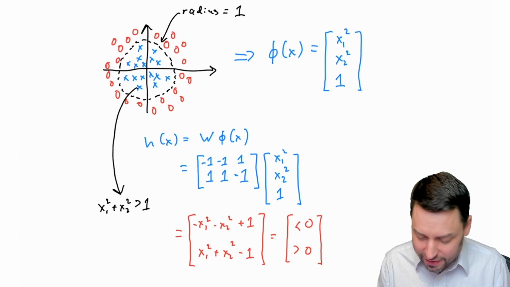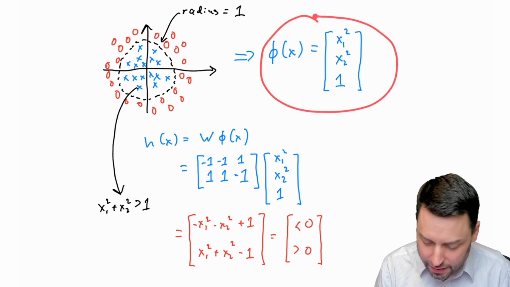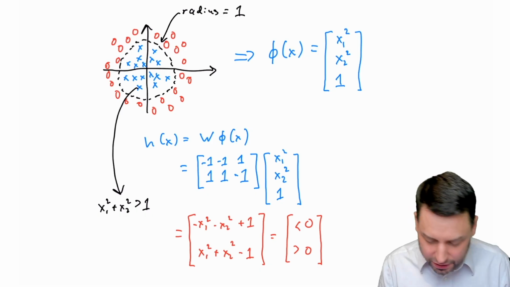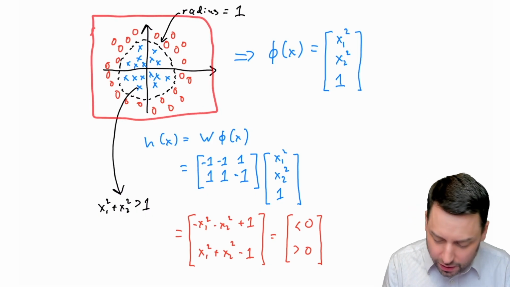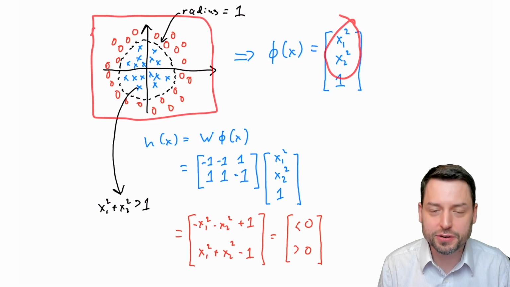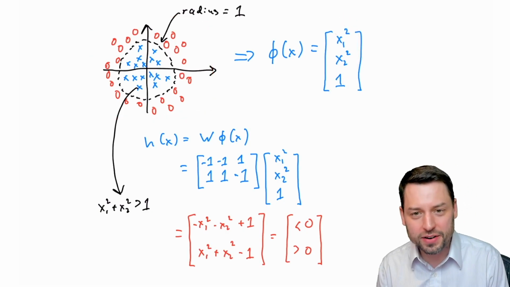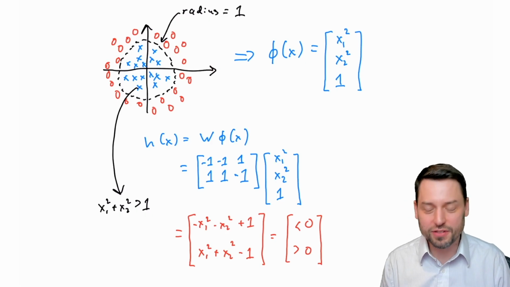I mean, in this last slide, I seemingly just pulled this out of nowhere, right? And if you're paying attention, you might guess that this data here is representing a circle, so it makes sense to have features that encode elements of x squared, because circles are represented in terms of the square of the different elements.